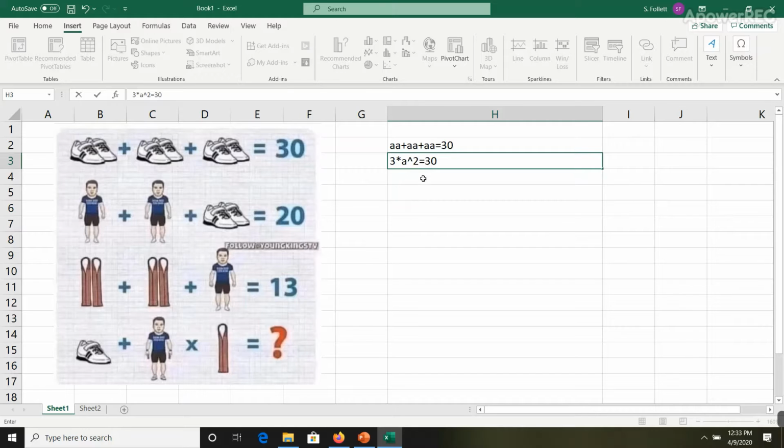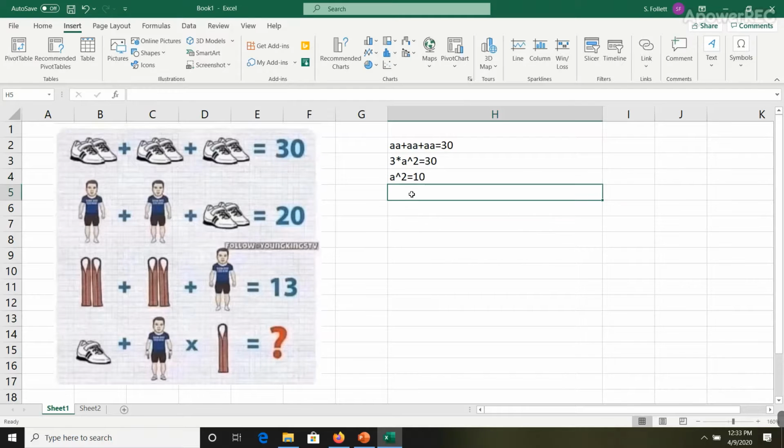Divide both sides by 3, I get A squared is equal to 10. And therefore, A is equal to the square root of 10.